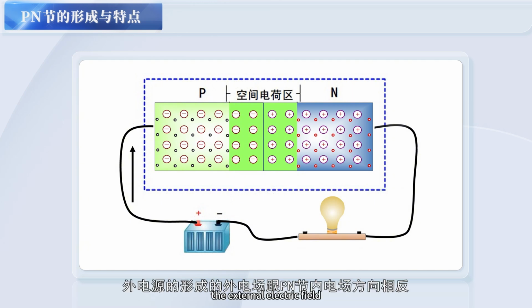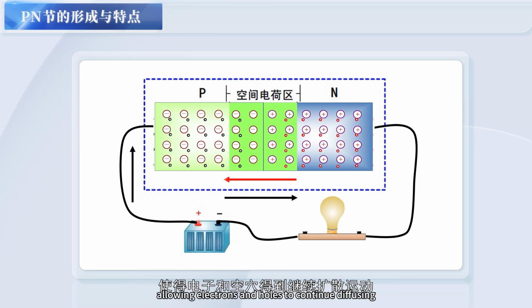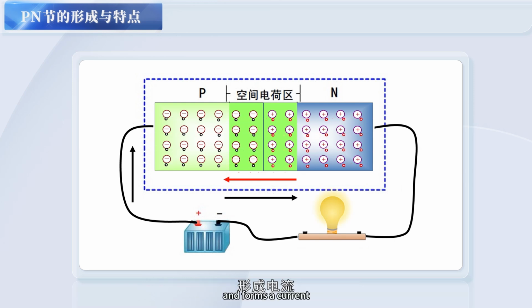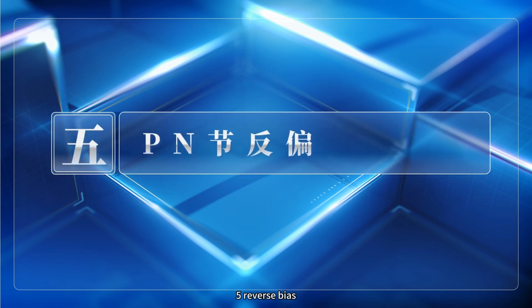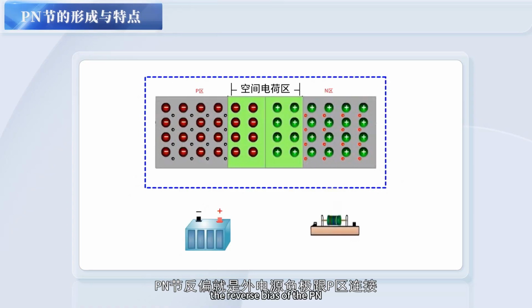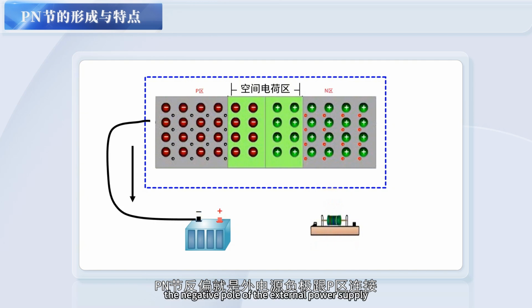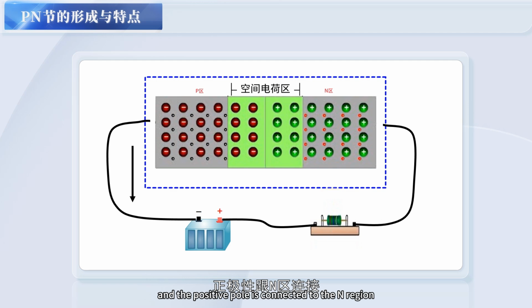The external electric field formed by the external power supply is opposite to the internal electric field of the PN junction and cancels it out, allowing electrons and holes to continue diffusing and forming a current. So the PN junction conducts. Reverse bias: the negative pole of the external power supply is connected to the P region and the positive pole is connected to the N region.